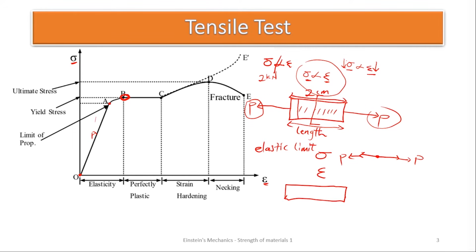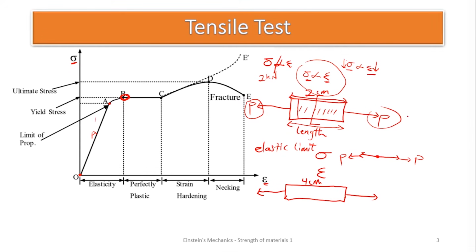It was 2 centimeters initially. Now it is going to be somewhere around 4 centimeters when the tensile force is being applied. That's from B to C. It is going to what? Yield. Remember, it is the same force.